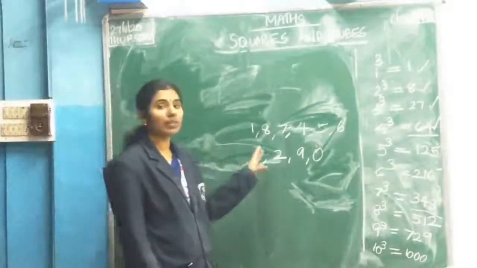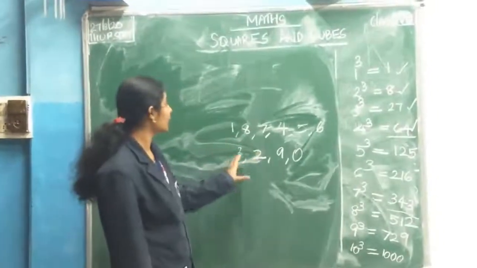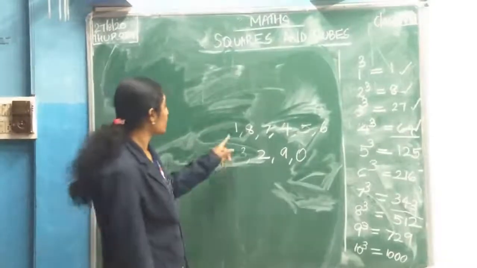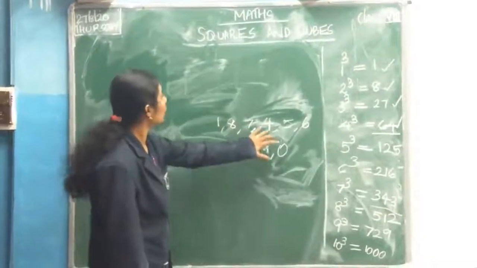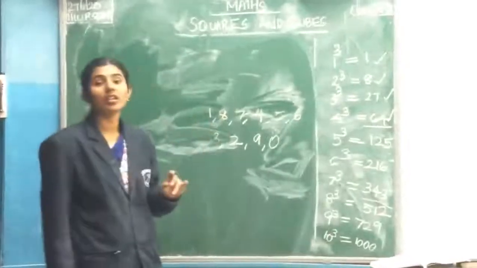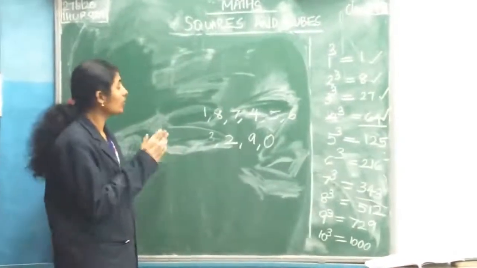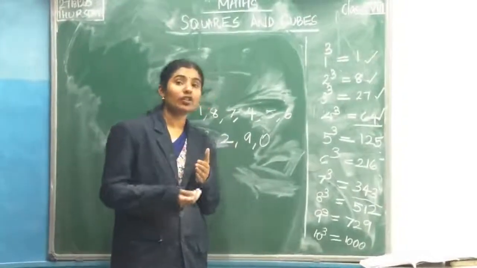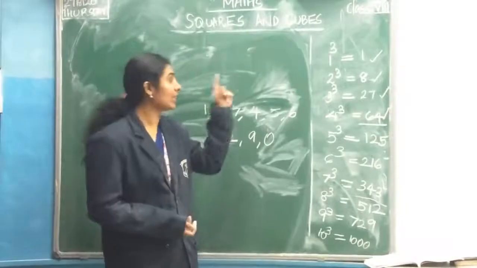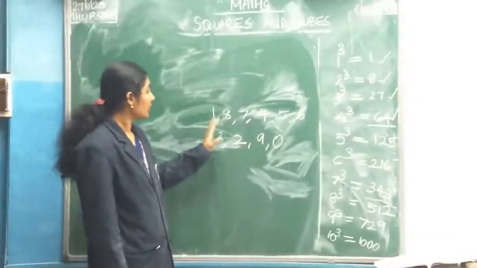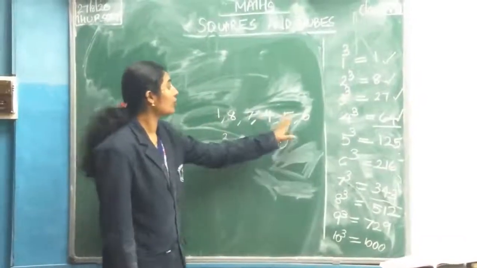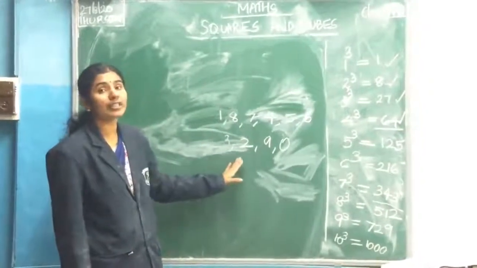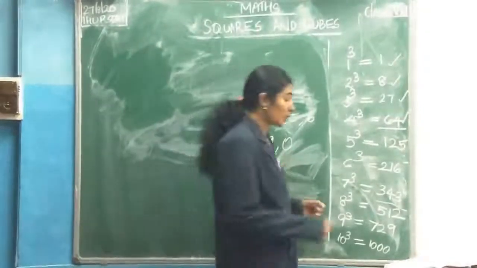See, all the digits from 0 to 9 they have given. So 0 is there, 1, 2, 3, 4, 5, 6, 7, 8, 9. These all digits from 0 to 9. So every time when you are taking perfect cubes, you will get the unit digits 0, 1, 2, 3, 4, 5, 6, 7, 8, 9. These are all the unit digits for perfect cubes.